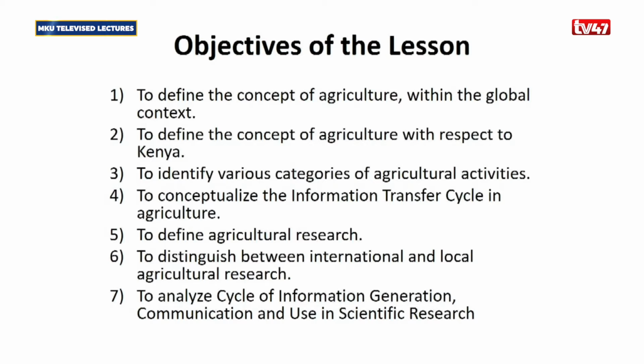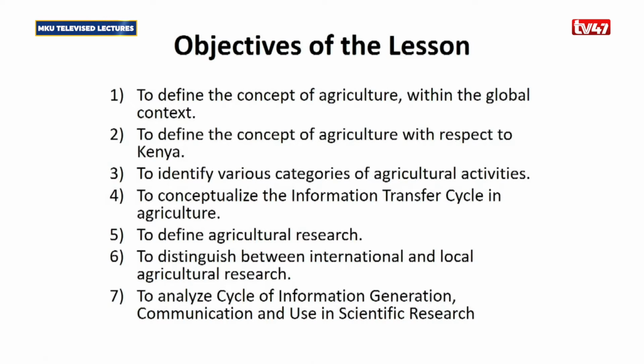The objectives of this first lesson are, first, to define the concept of agriculture within the global context. We want to know what agriculture is globally. Then we look at the definition of agriculture as a concept with respect to Kenya. What do we understand agriculture to be in the Kenyan context?